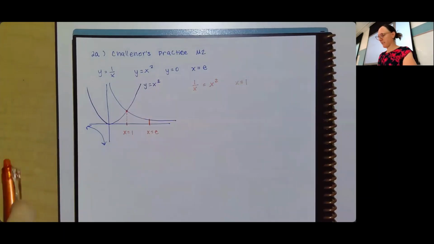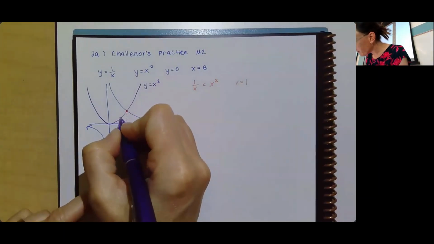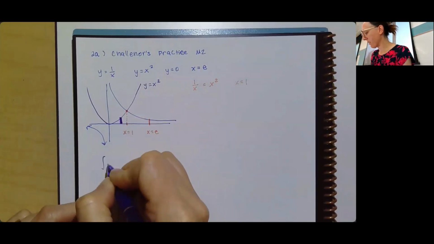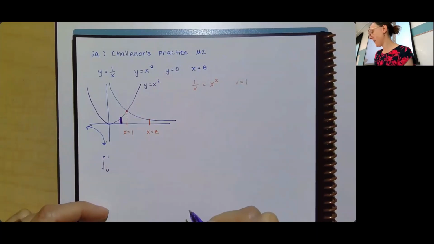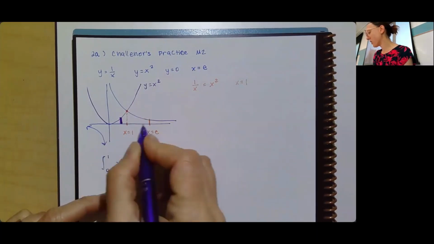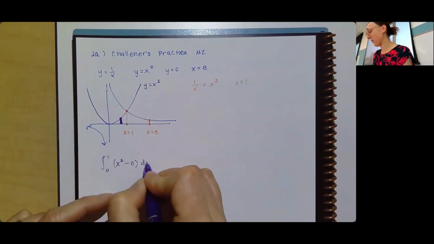Over on this left-hand side, I know I'll be looking at the integral from 0 to 1. My top function is x squared. The bottom function is y equals 0, and it's totally fine to subtract 0 on there, but we don't actually need it.